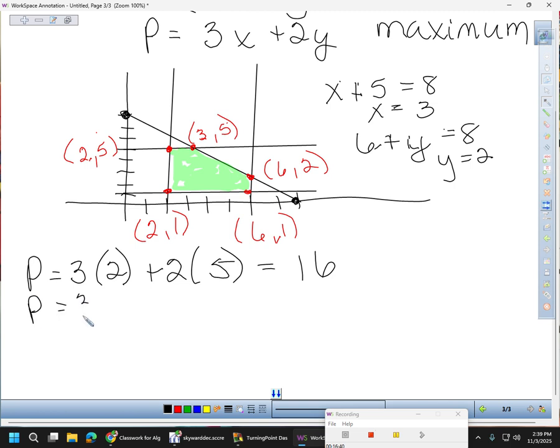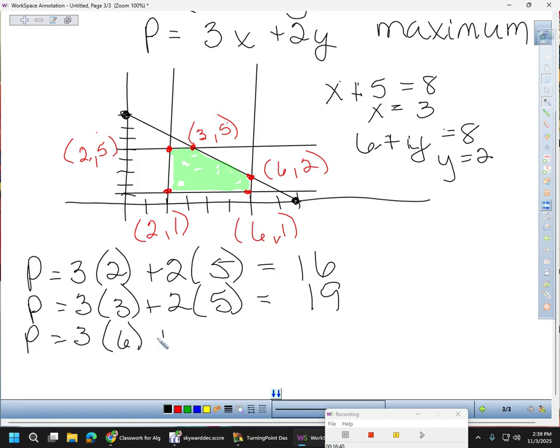We have 3 times 3 plus 2 times 5. Okay? All right, let's continue around our figure. We have 3 times 6 plus 2 times 2. Good.